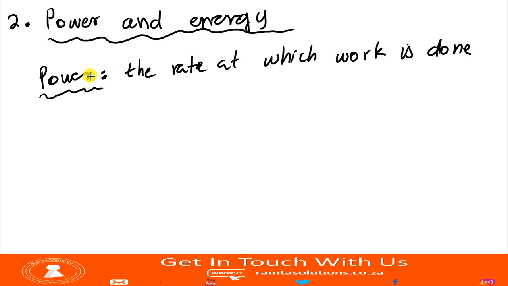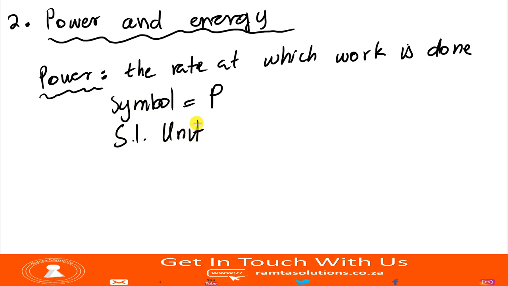We symbolize power with letter P. The SI unit of power is the watt, and the symbol for watt is capital W. Now from this definition, check this out.